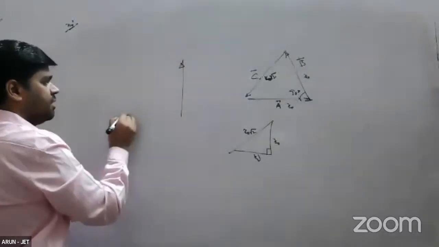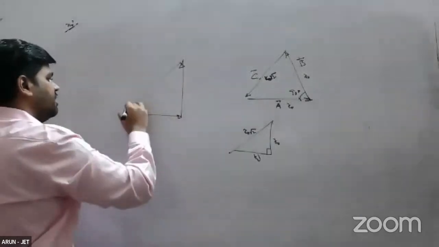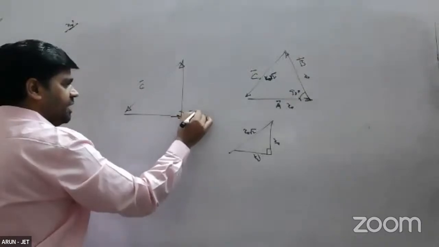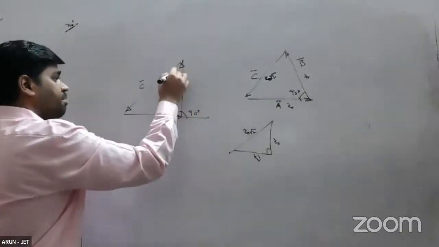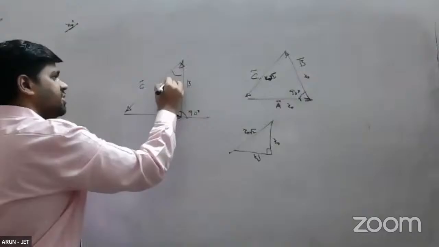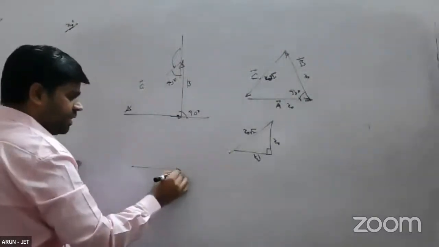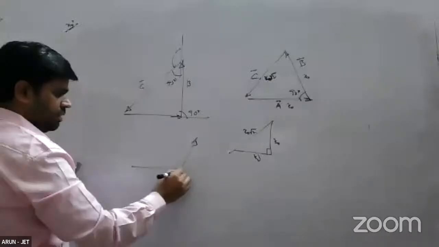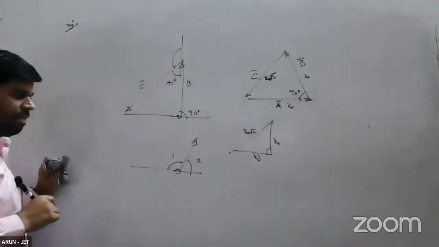Yes, sir. Now, if this is B, this is A, and this is C. So angle between A and B is 90, that's fine. But what is the angle between B and C? This angle is 45 degrees. But this angle is, no, I want this angle, right? See, two vectors are like this. What is the angle between these two vectors? 135, sir. 1 or 2? 1.